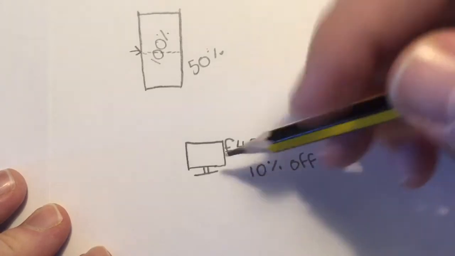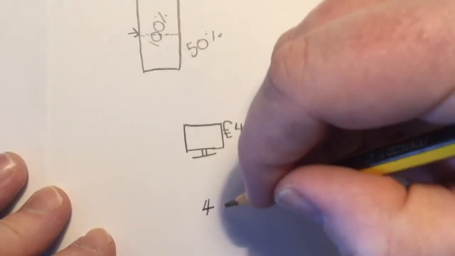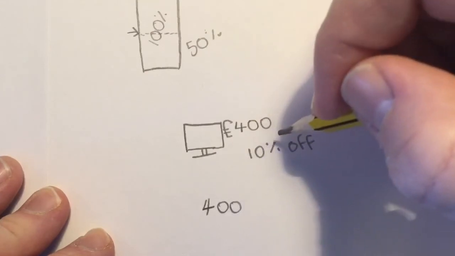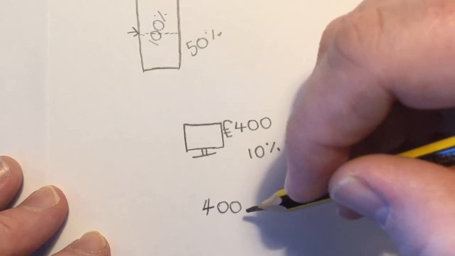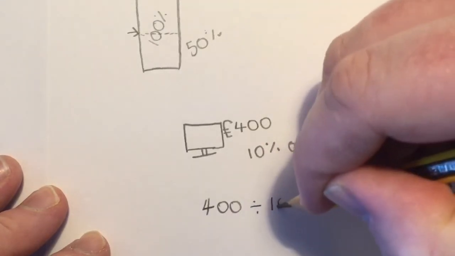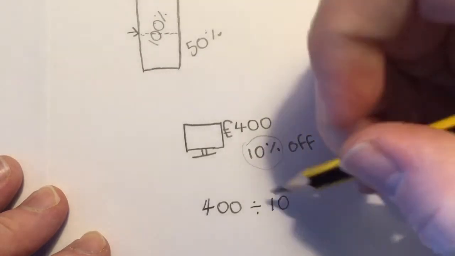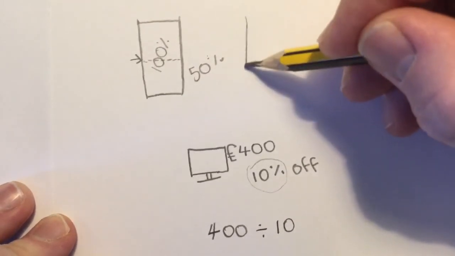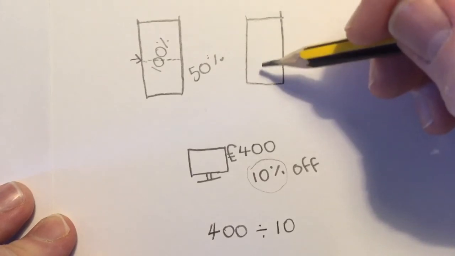If we just take our 400, write it down here, what we're going to do is divide our 400 by 10 to find out what 10% is. Because what we're doing here, if I go back up to the drink and draw it again, there's our 100%, it's full.